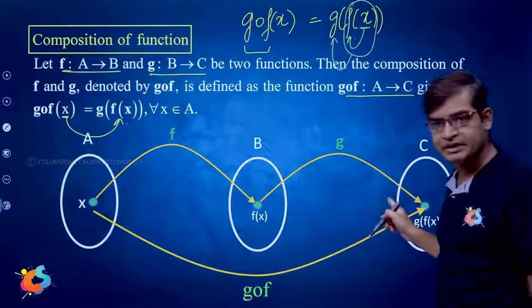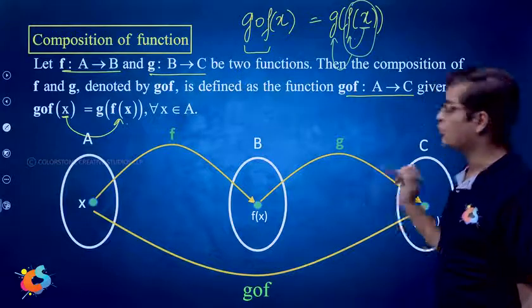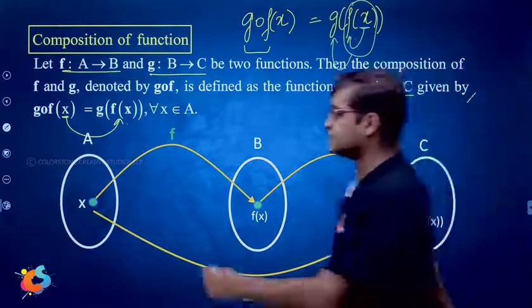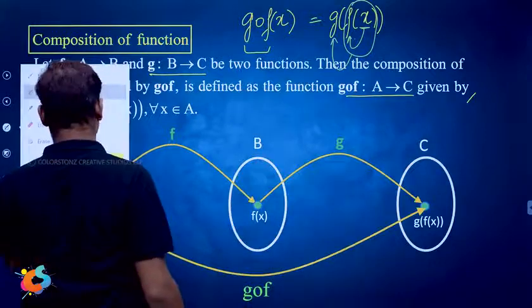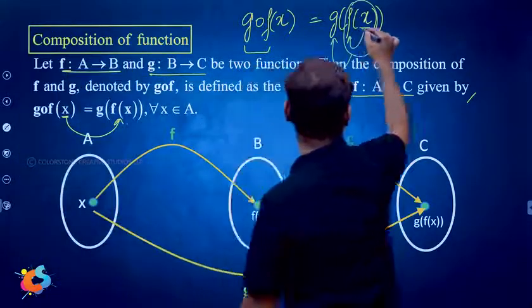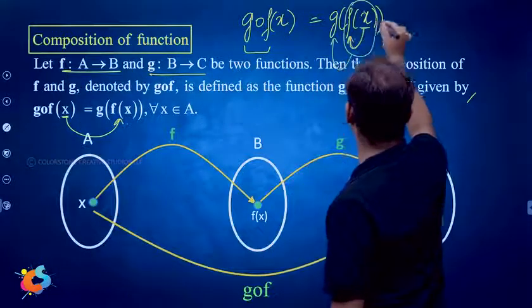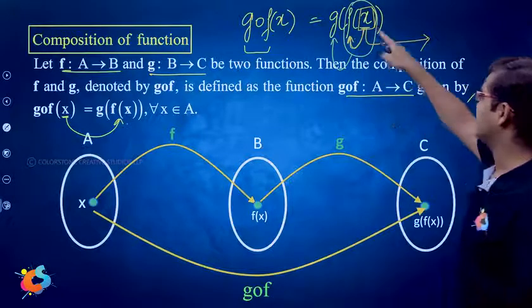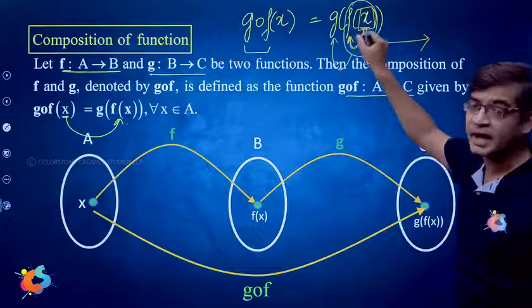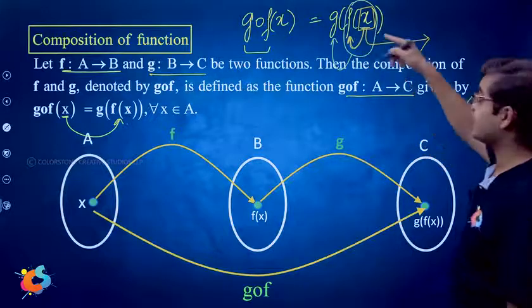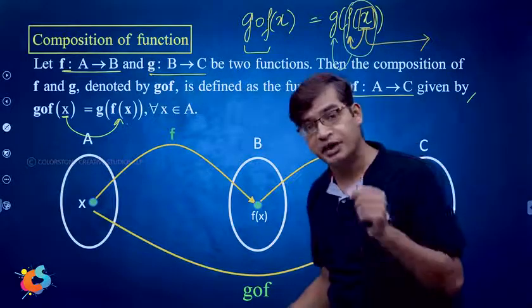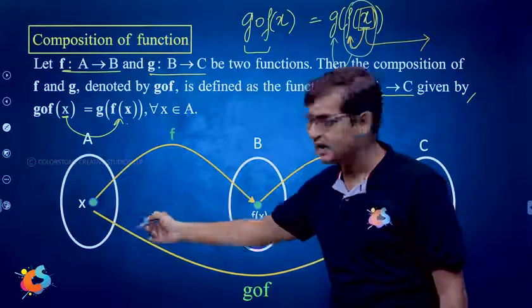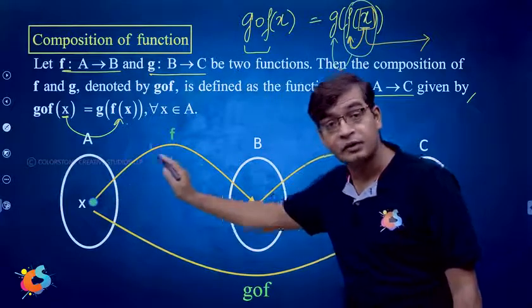That is what is happening here. Because first x is taken by f, x should come from the domain of f. This x is first taken by f, so this x should come from the domain of f. Here also we can see x is coming from the domain of f.